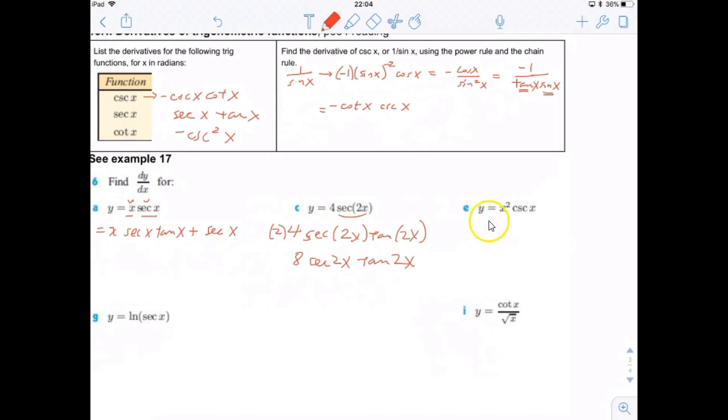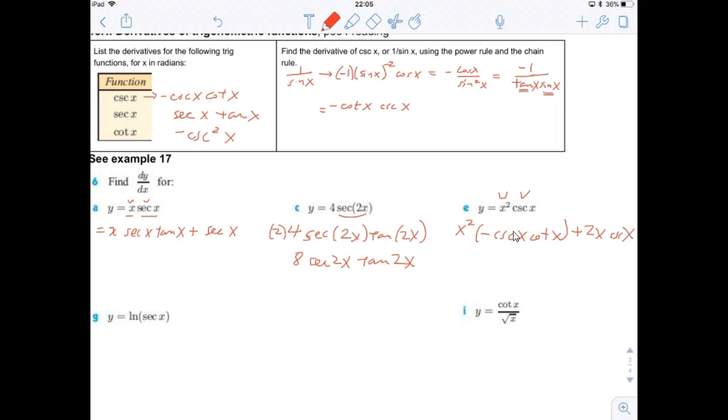Okay, finally let's do the derivative of x squared cosecant x. So u is x squared and v is cosecant. So we're going to multiply x squared times the derivative of v, which would be the derivative of cosecant. Derivative of cosecant would be negative cosecant x times cotangent of x, plus the derivative of u, which is 2x, times cosecant x.